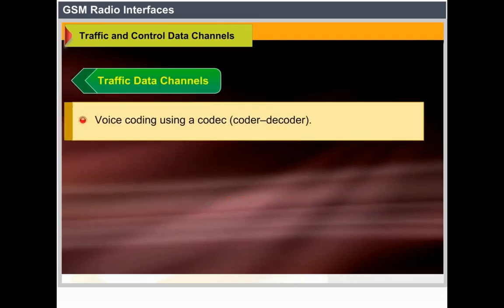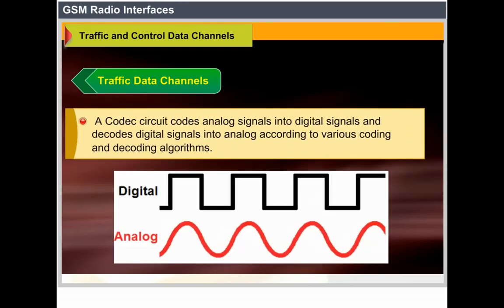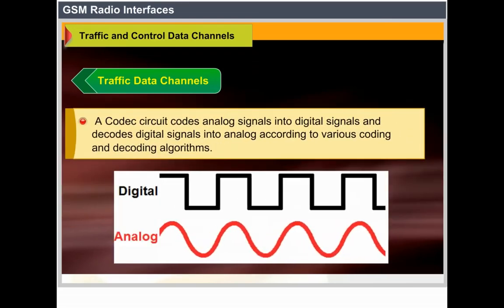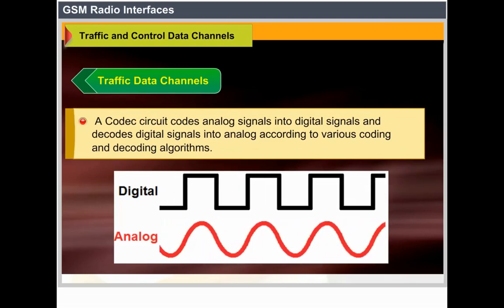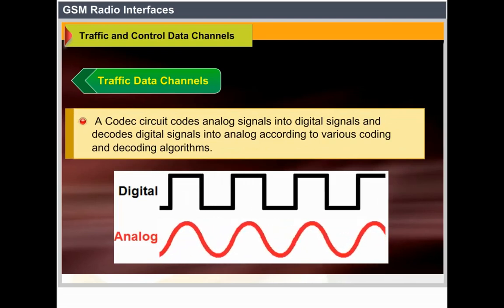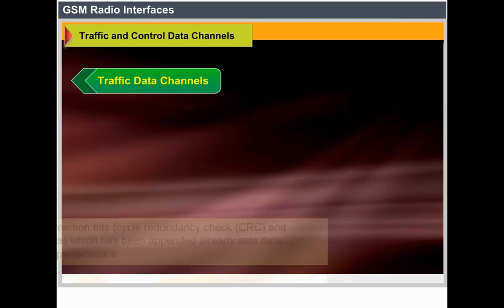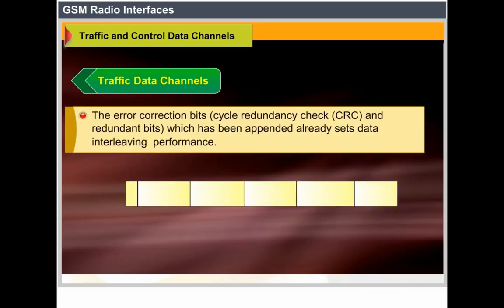Voice coding using a codec decoder. A codec circuit codes analog signals into digital signals and decodes digital signals into analog according to various coding and decoding algorithms. The error correction bits, cyclic redundancy check (CRC) and redundant bits are appended and data interleaving is performed.